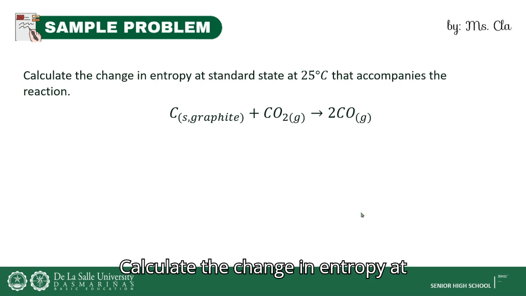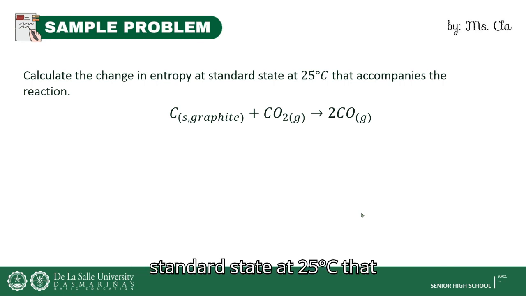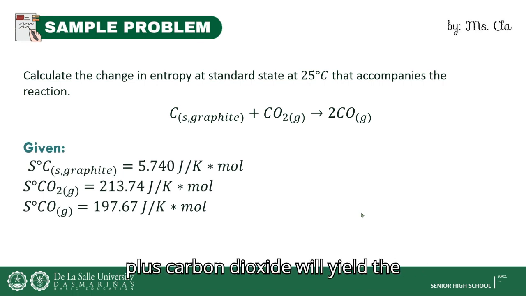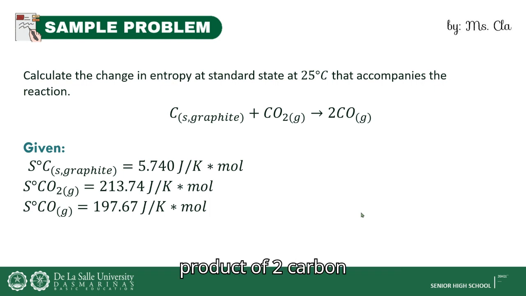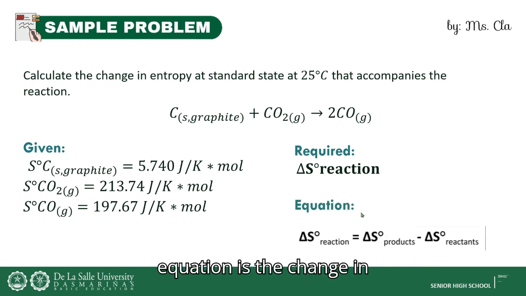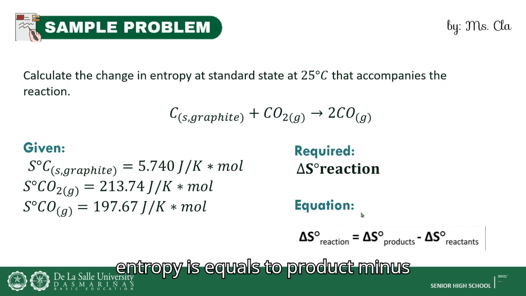Calculate the change in entropy at standard state at 25 degrees Celsius that accompanies the reaction. We have a balanced equation of carbon plus carbon dioxide yielding 2 carbon monoxide. These are the given values for the entropy of each compound or element. Required is the change in entropy, and the equation is the change in entropy equals product minus reactant.